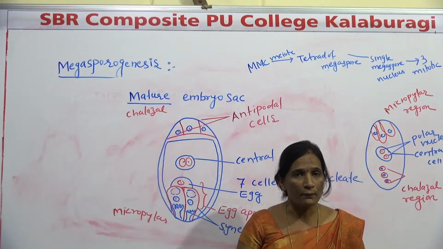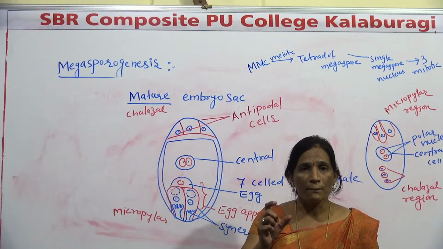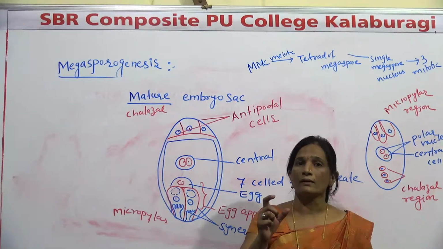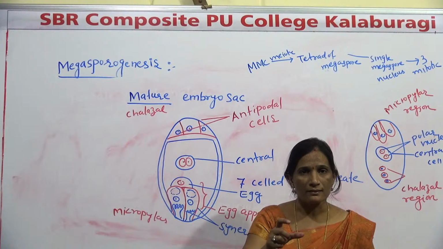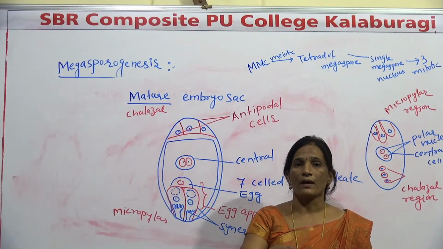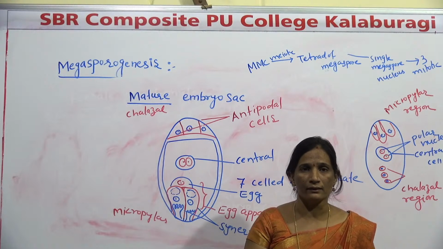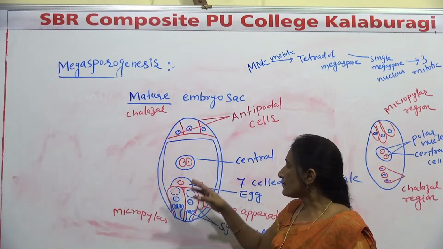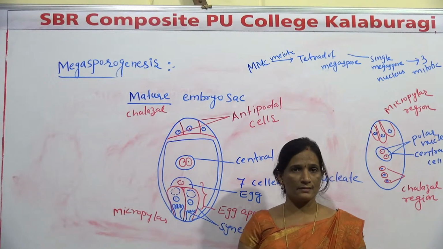And here you have to remember that the egg apparatus is always present near the micropylar region. The egg apparatus consists of 1 egg cell and 2 synergids. And antipodal cells are present near the chalazal region. Is it clear? And the central cell is present at the center.